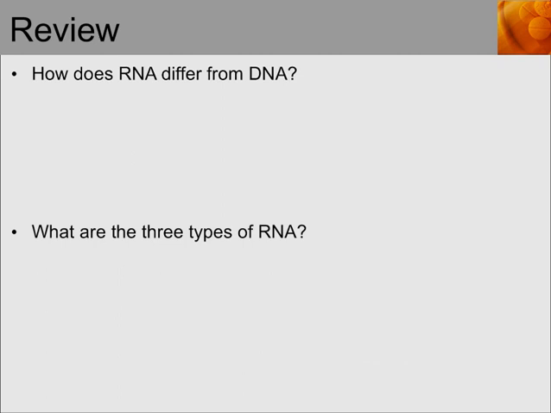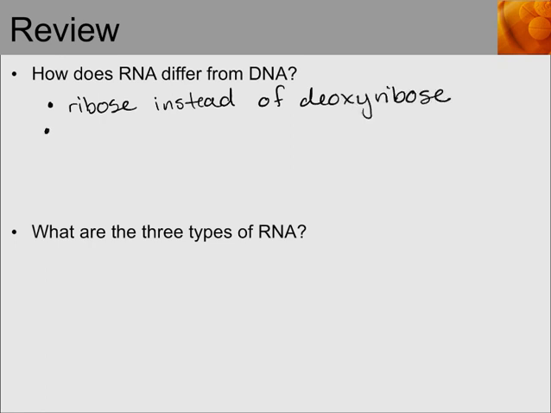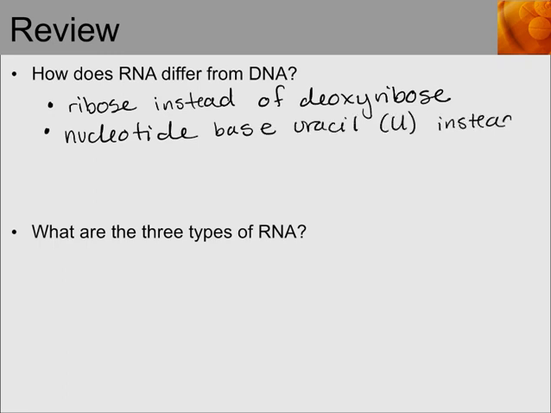Okay, so let's start with the first question. How does RNA differ from DNA? Well, there are multiple ways that they differ. The first way is we have ribose instead of deoxyribose in the nucleotides. Additionally, we use the nucleotide base uracil instead of thymine.